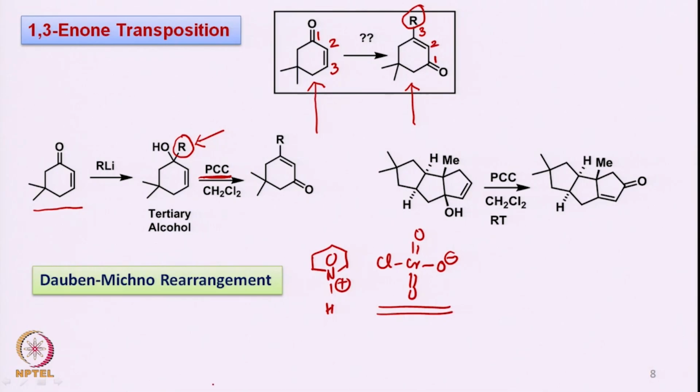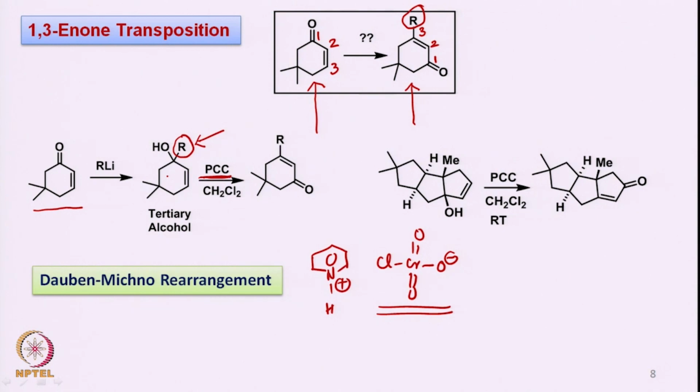But then since the introduced R group here is not a hydrogen anymore, because we have used R lithium, which is either alkyl or aryl, that means no oxidation of the hydroxyl group will occur at the carbon, because it does not have any hydrogen left.